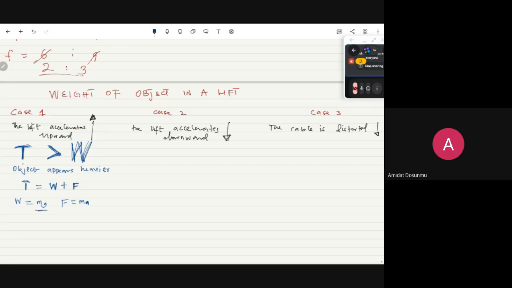So the tension now, mathematically, will be mg plus ma. So the tension would be m into brackets g plus a. So this is what is important for you to note, and the fact that the object is going to appear what? Heavier. This one is important. This one is also important. Case 2.